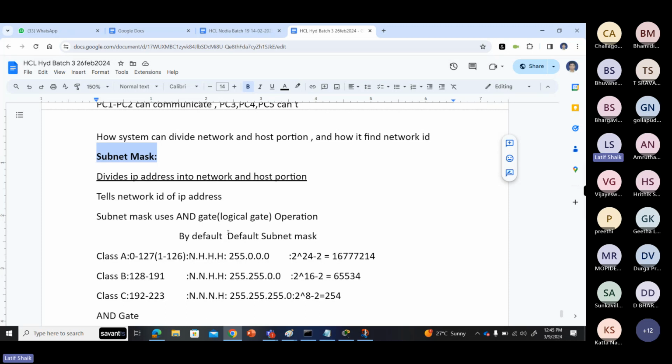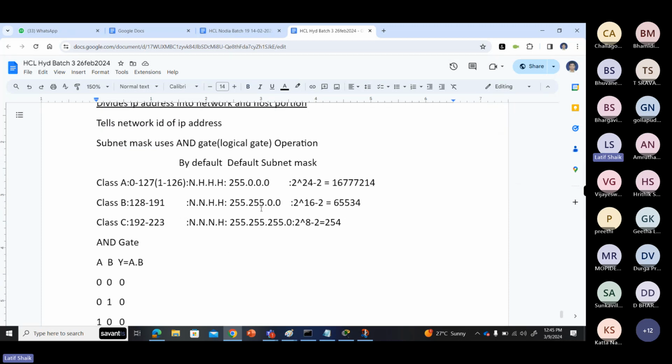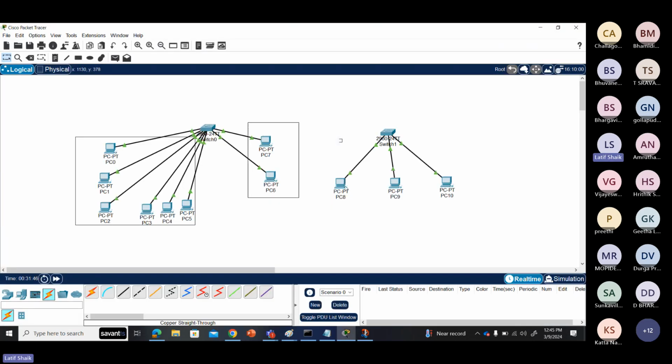The subnet mask can be changed, and if you change it, the network and host portions also change. But by default, we take the default subnet mask, which depends on the IP address.